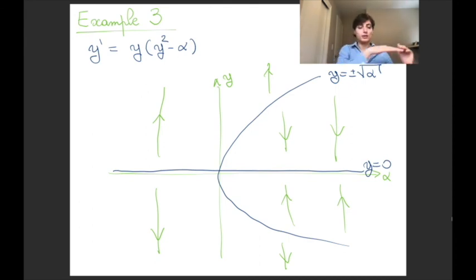So for example, here the area that is bigger than y equal to 0 and square root of alpha, so the area that is on top of our horizontal axis and on top of the parabola, has everything tending to plus infinity. The opposite thing we can say about the area that is under y equal to 0 and under the parabola. Everything that is under that tends to minus infinity.